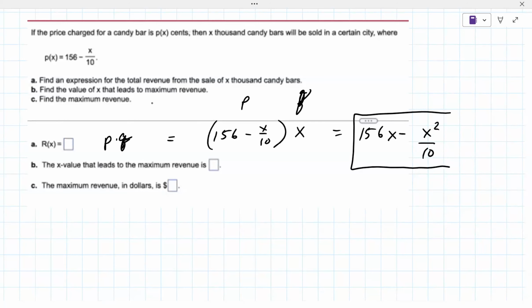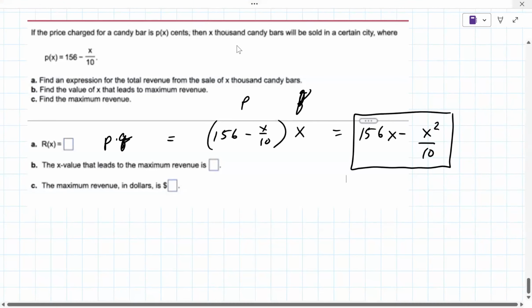That's your first box. This one's got another one of these things where it's x thousand candy bars, but they just want the x value, so you're okay. You've got to just be careful in these problems that you're not off by 1,000.